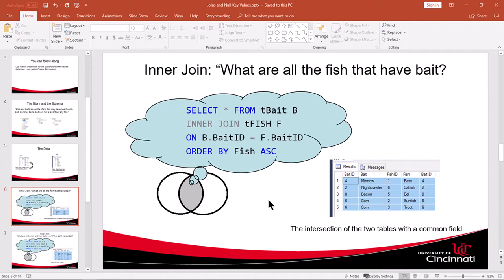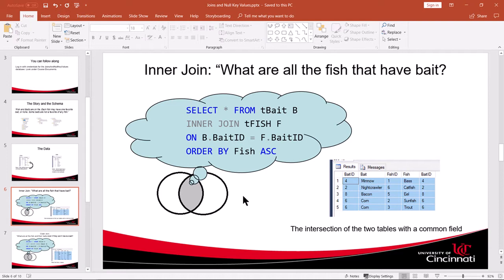The query that we write: select star from bait inner join fish on bait ID equals bait ID, order by fish ascending. The result of that select statement is the intersection, or the gray area in this Venn diagram.